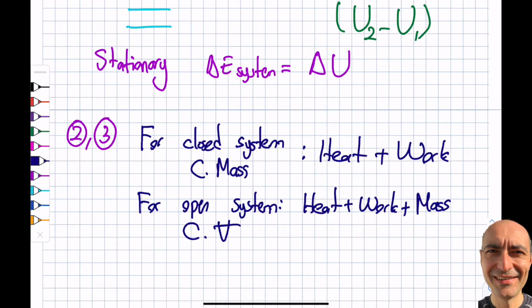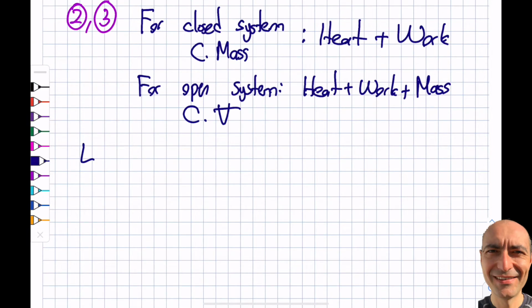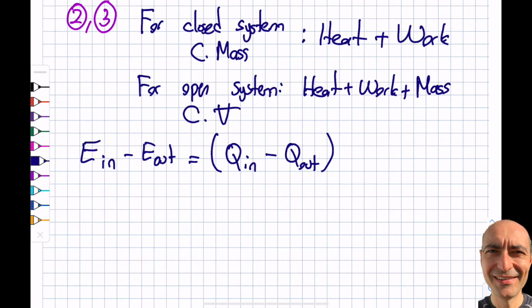So if I write mathematically what I just said, because I have letters abbreviated for each term, let's say E in minus E out, so this is term number 2 minus term number 3, will be Q in, where Q is the heat transfer, minus Q out, plus work in minus work out.